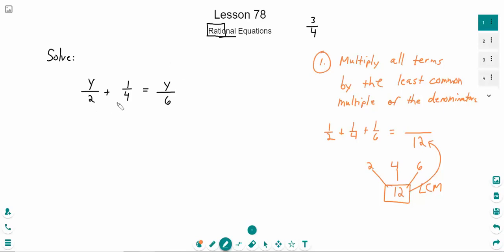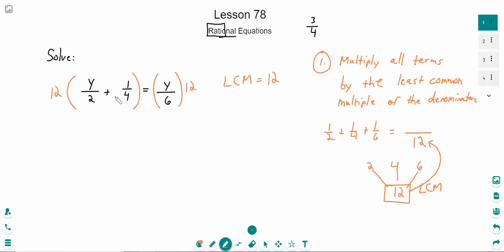So if we have a 2, 4, 6, what's the lowest common multiple? Well, we just said a minute ago when we looked at these fractions, the lowest common multiple is a 12. So what we're going to do is we're going to multiply everything by 12. We're going to multiply this whole side by a 12. But that means that we have to multiply this whole side by a 12.